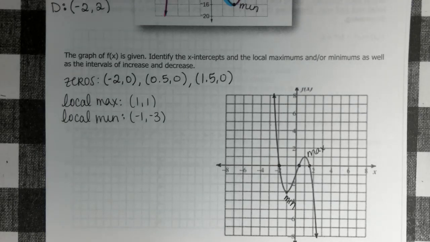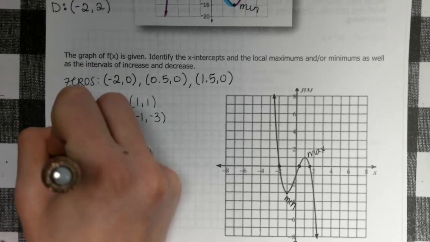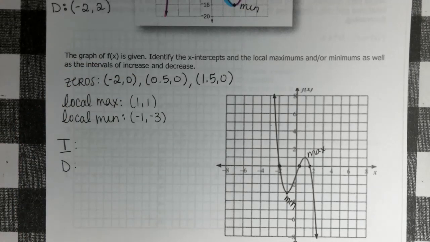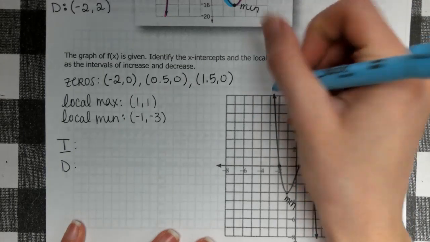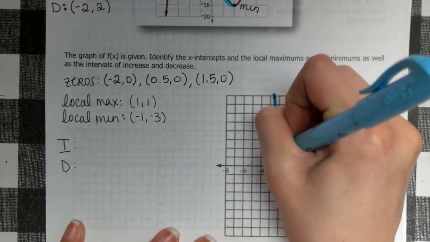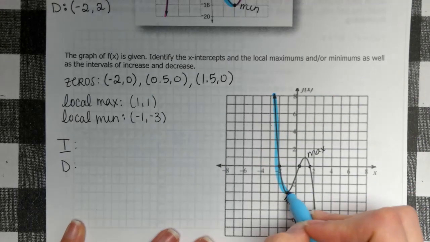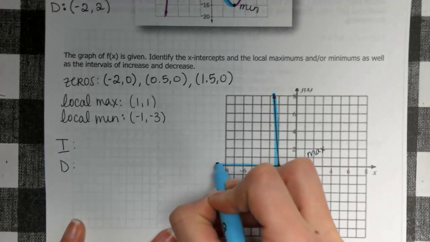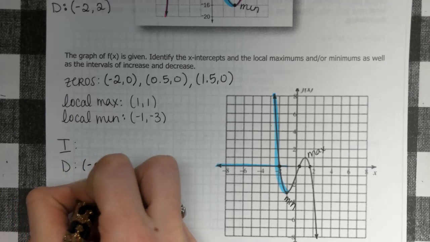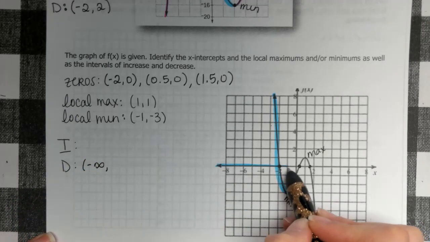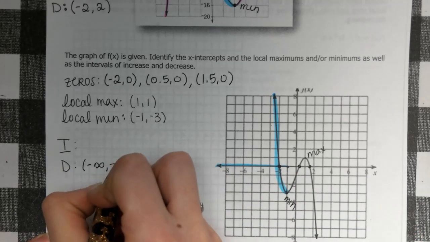Okay, so then we're going to look at what's happening, and we're going to come up with our increasing and decreasing intervals. So when I start on my left, I'm going down. So I decrease until I hit that minimum. Okay, so I'm going on my x-axis. What would that interval be for decreasing? To my minimum's right here. Negative 1. Very good.